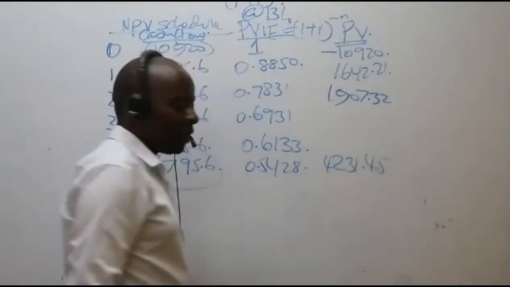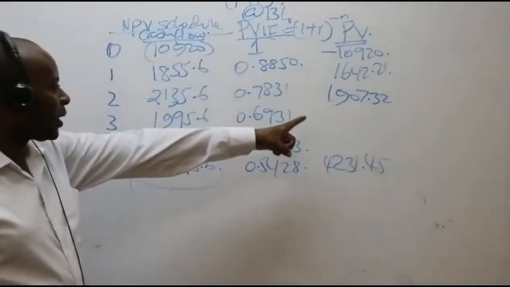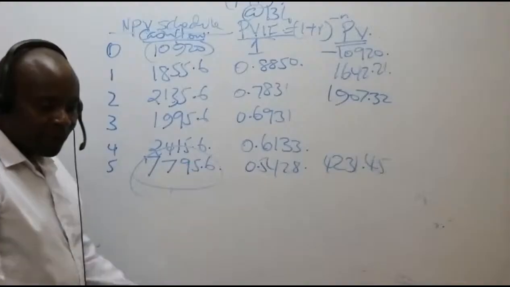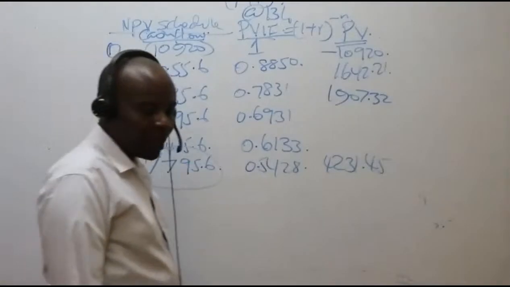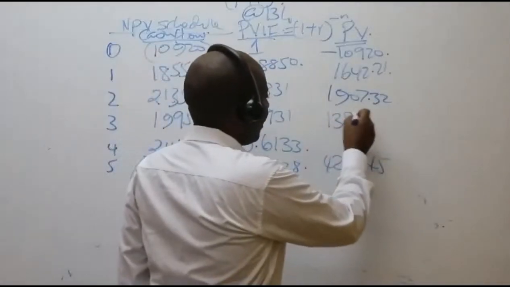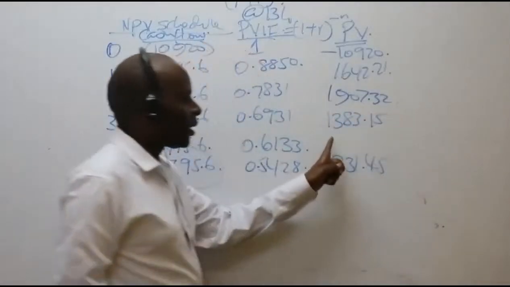Don't mind about the decimal places. So please, I'm looking for the fourth figure. Fourth figure, 1383.15. How about this?